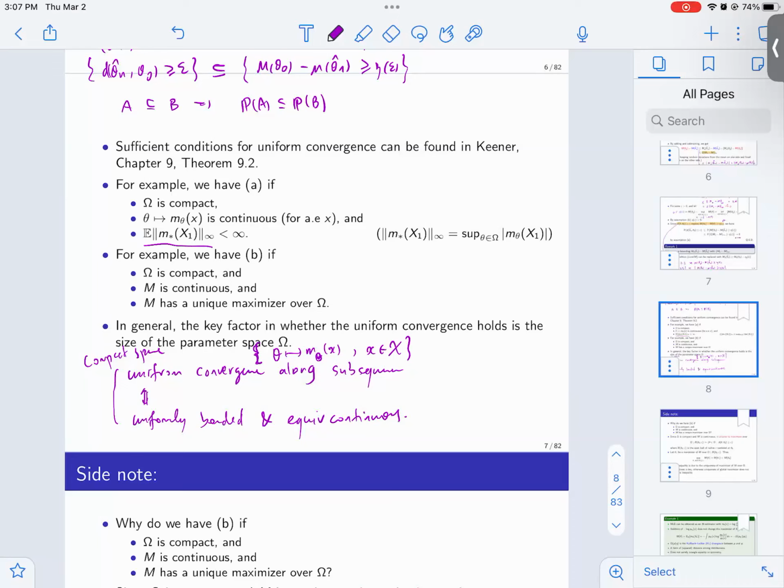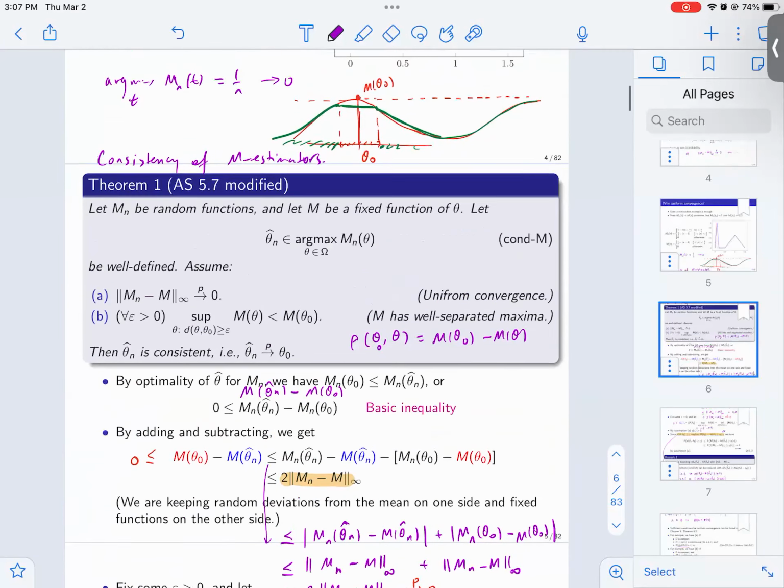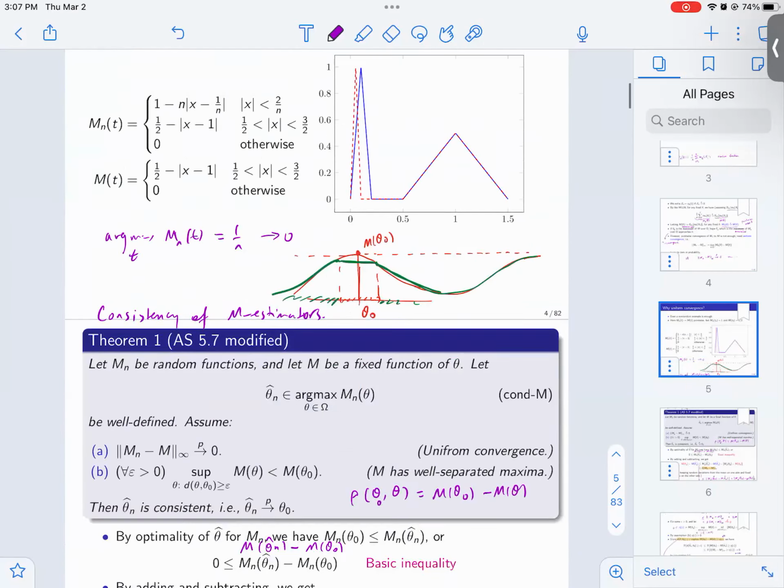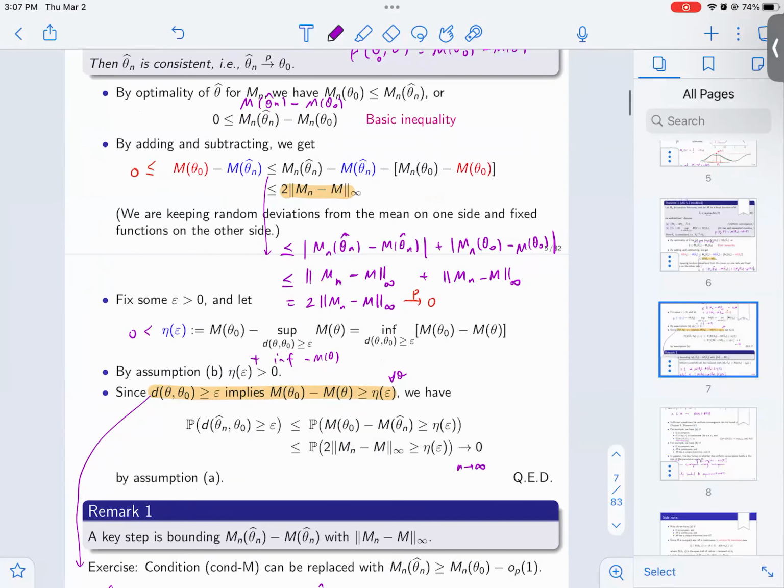There's a notion called stochastic equicontinuity, which sort of guarantees it's weaker than that. So you can guarantee this sort of convergence if this Mn theta, the family, is stochastically equicontinuous and theta hat n converges. If it converges, then this thing converges.